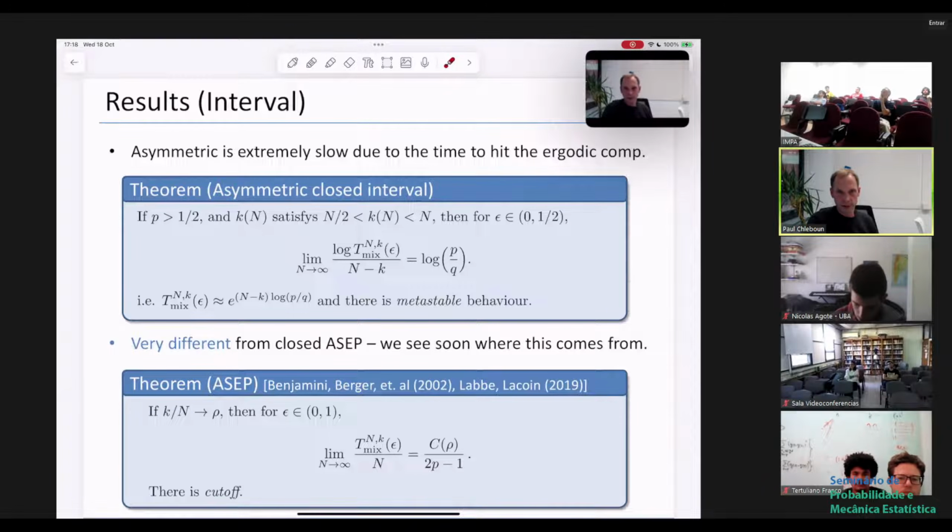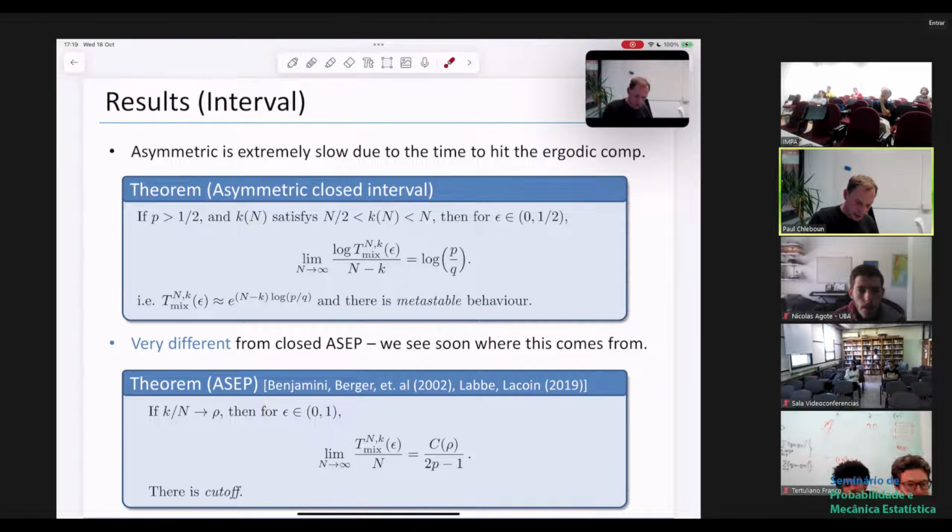Whereas if the process is asymmetric on the closed interval, then started from the worst case initial condition, the mixing time is actually growing exponentially in the system size. This is due to essentially some metastable behavior that occurs if you start from the worst case initial configuration.